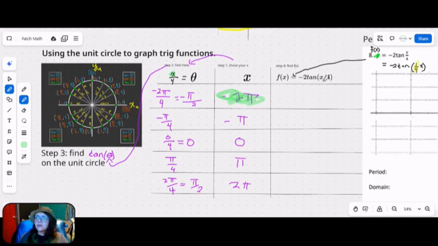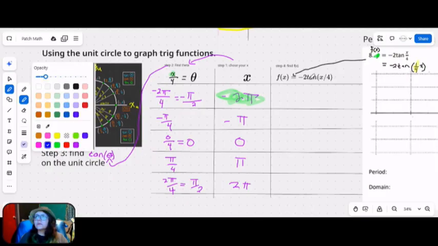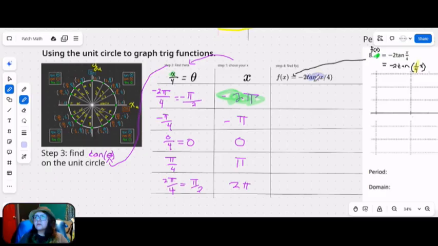What we are finding when we are finding tangent of theta is just this. This is tangent of theta, because theta is x over 4. Those are the same thing.